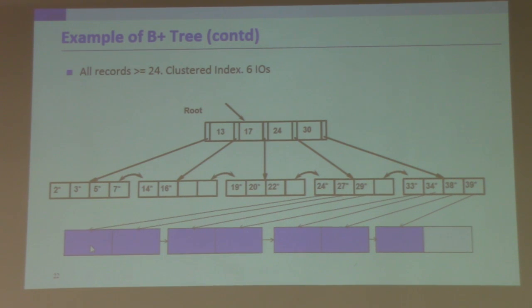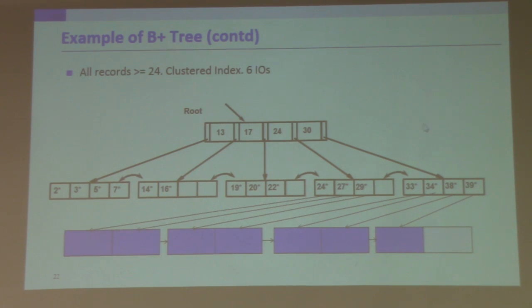And then because it's clustered, records are sorted in the same order as they are in the leaf level. You can do a linear scan in your file until you find the first record whose value is outside your range, or you run out of records, in this case.